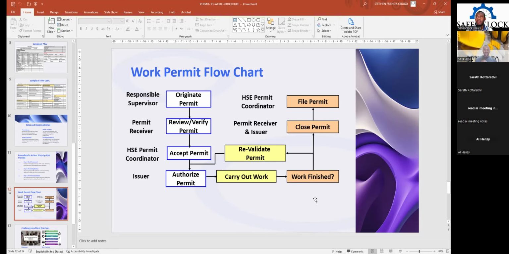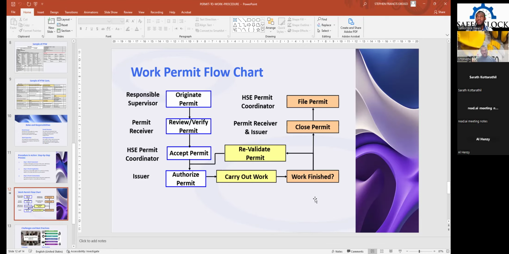So once that is done, and you are able to authorize or approve the permit, then the work will be carried out. Once the work is carried out successfully and finished, that is the end of the permit. But you need to ask yourself the question: is the work completed or finished?